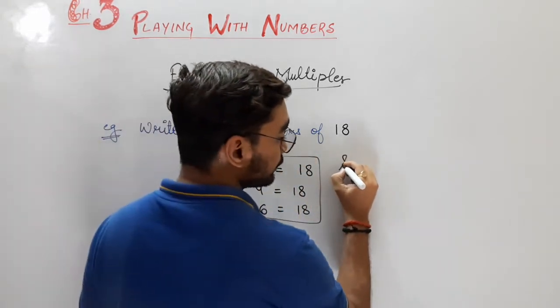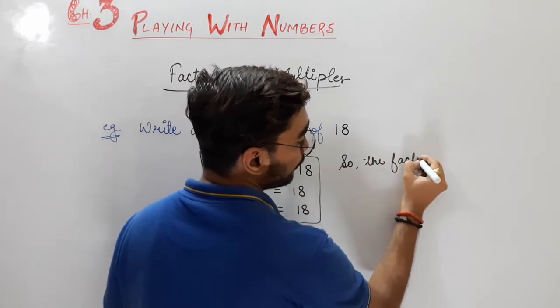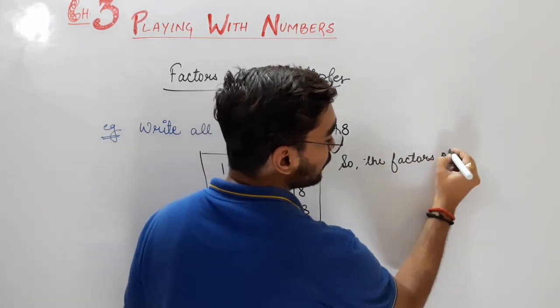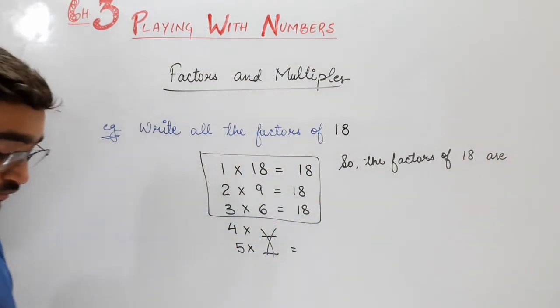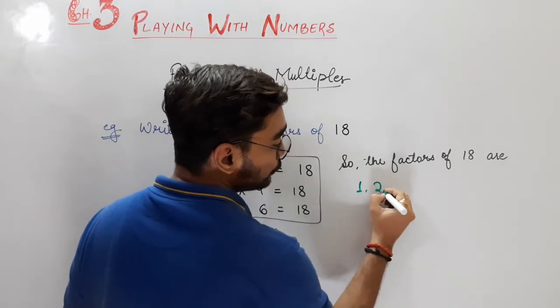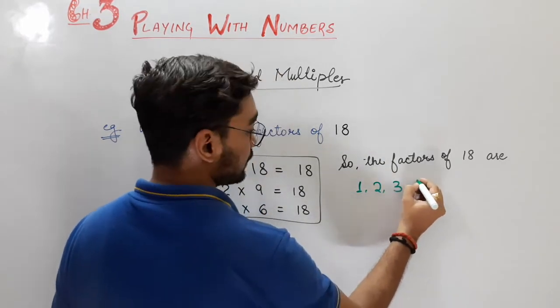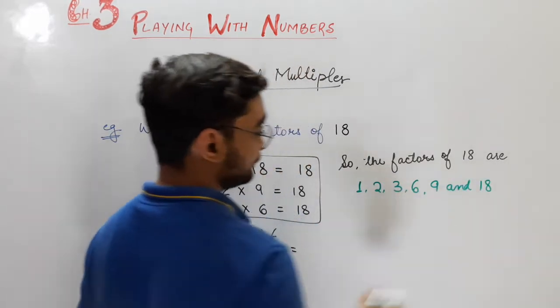So the factors of 18 are 1, 2, 3, 6, 9 and 18.